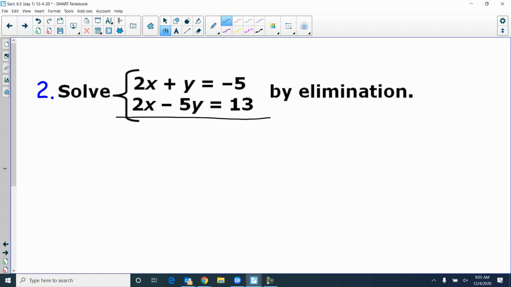Because if I would add them up, it would give me 4x, because 2x plus 2x is 4x, minus 4y equals 8. That doesn't help me because I didn't eliminate anything. So we got to make it so it will eliminate. I'm just rewriting this because it's easier for me. You don't have to.